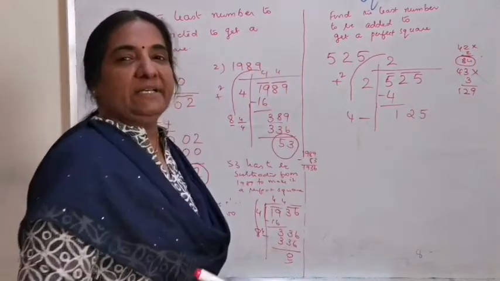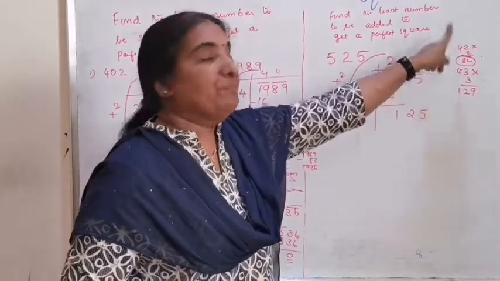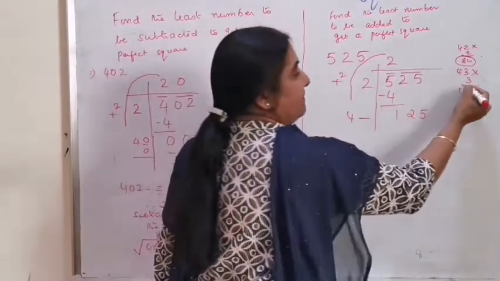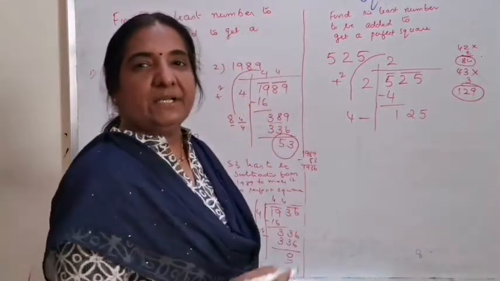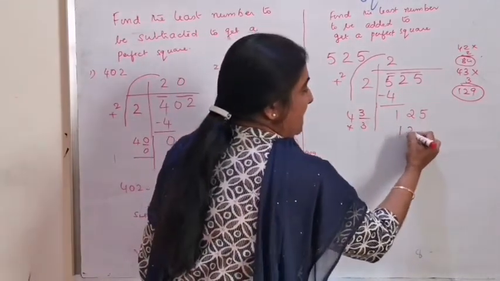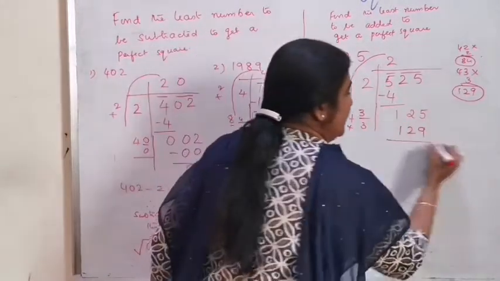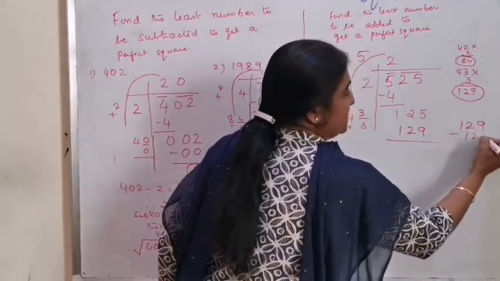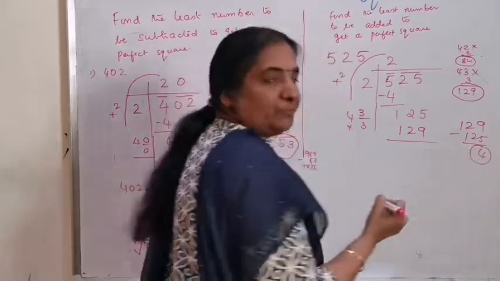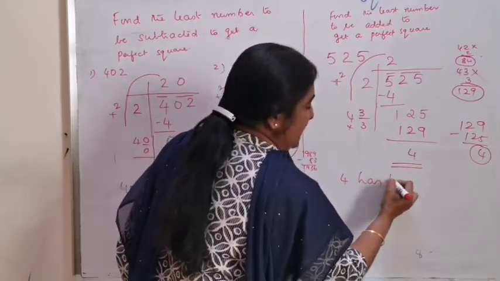The smaller number is 84. For subtraction, we could have taken 84. But for addition, you must take the next bigger number. That number, 129 minus 125, is 4. Therefore, the number 4 has to be added.